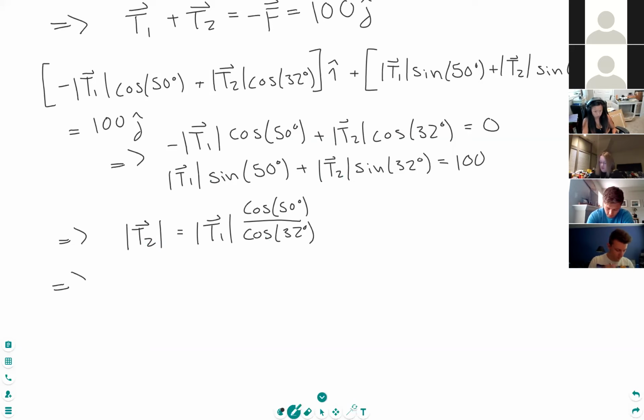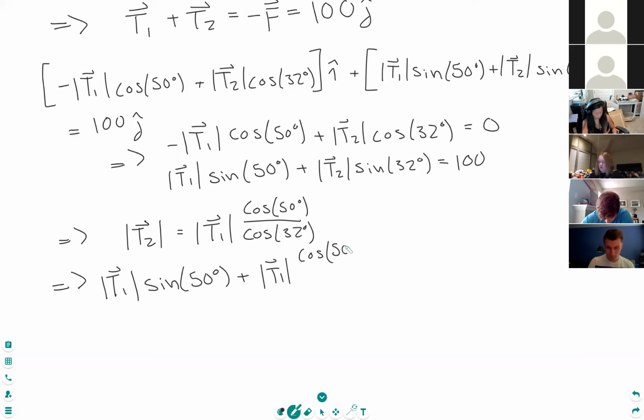So we're going to plug it in. So we get magnitude of T1 sine of 50 degrees plus the magnitude of T1 cosine of 50 degrees divided by cosine of 32 degrees multiplied by our sine of 32.